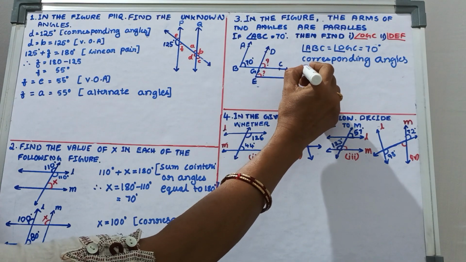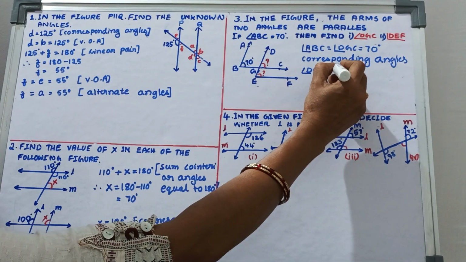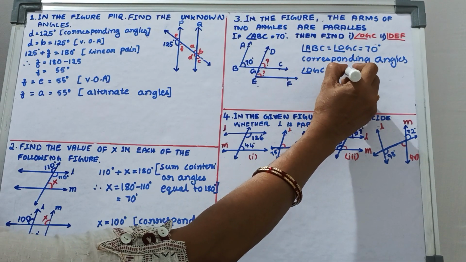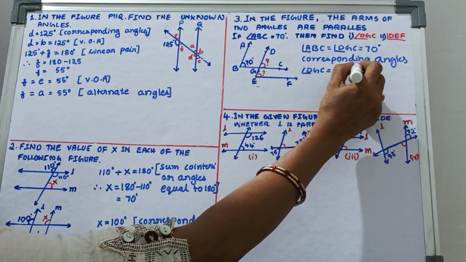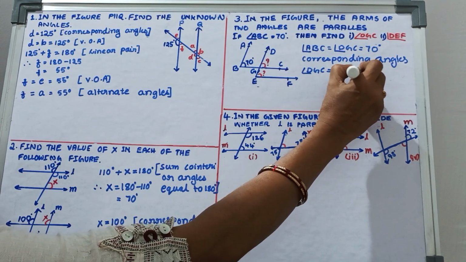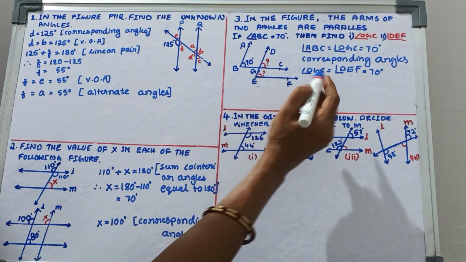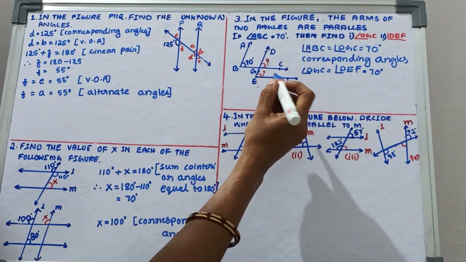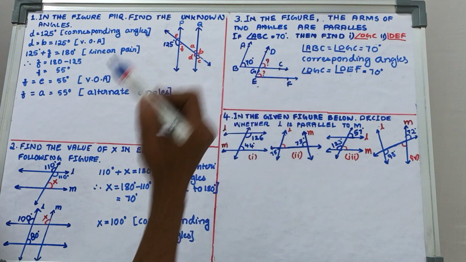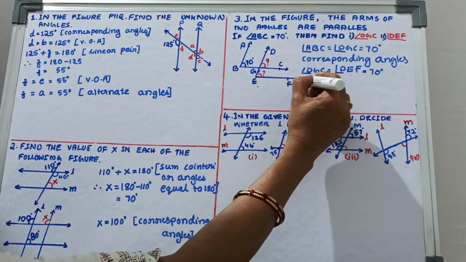Next, angle DGC is equal to angle DEF. That is also 70 degree because they are corresponding angles. When BC parallel to EF, DE become the transversal. So they are corresponding angles.